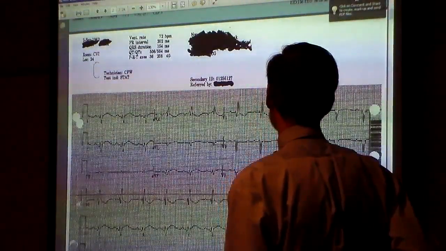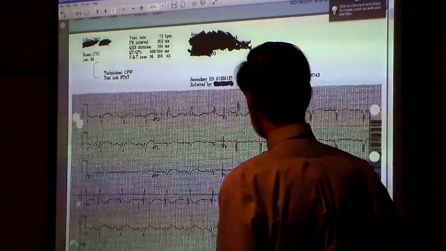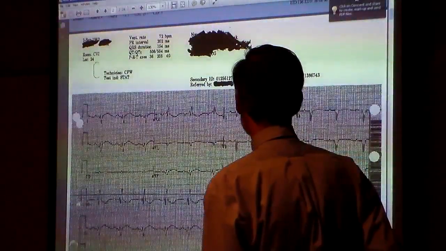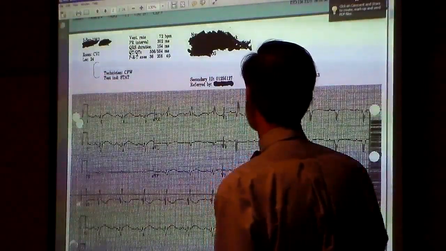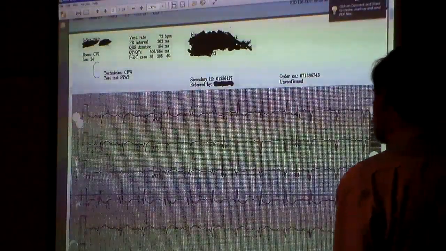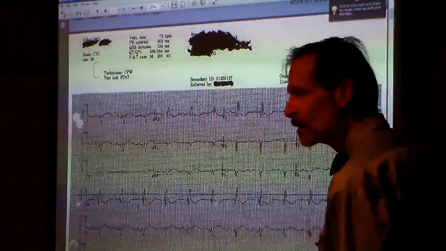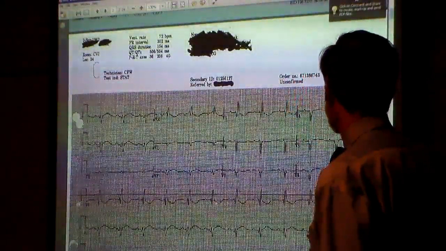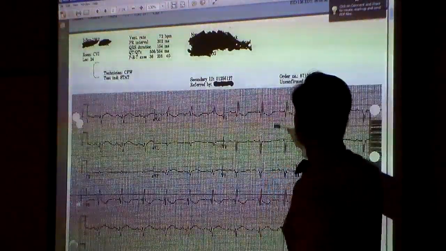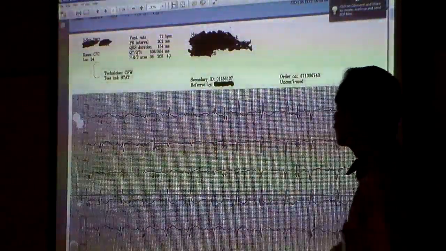Rate and rhythm are done, then coming to the PR interval, it's fine. The QRS is low voltage in some leads, but it's not across the board. So what's remarkable about the QRS complexes? They're broad. I would think it's bigger than 3 squares. It's 4 or 5. What do you think when you see an R prime in V1?